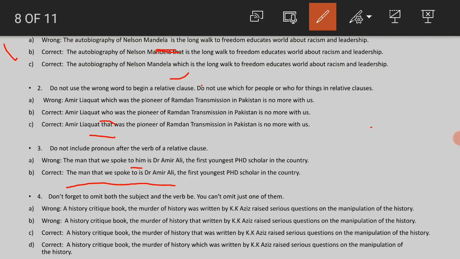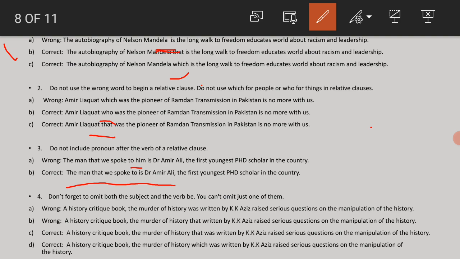Now, the rule number 1 that we studied: if there is a relative pronoun in an adjective clause and it is followed by a be verb, then we have to reduce both the relative pronoun as well as the be verb. So what students do is they remove sometimes just the relative pronoun and sometimes just the be verb. Both of these conditions are wrong.